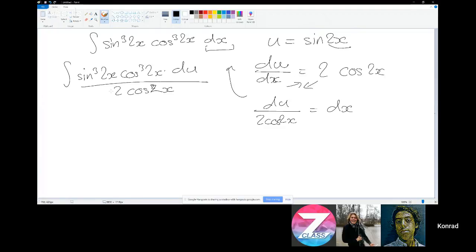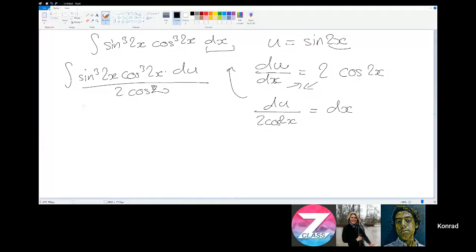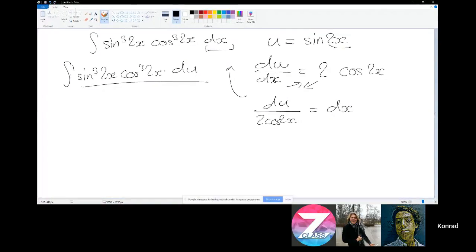Now, cos cubed over cos is just cos squared, and we have a half. So we can now put in a half and turn this into a squared.